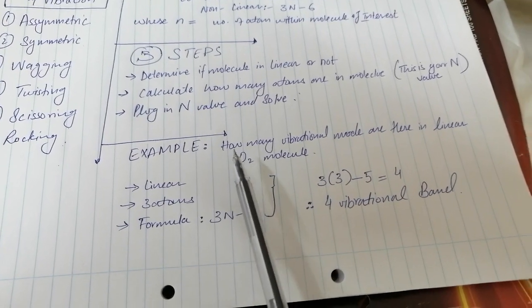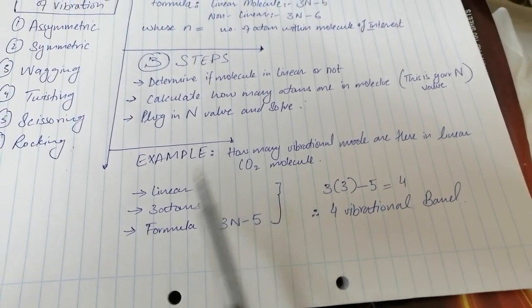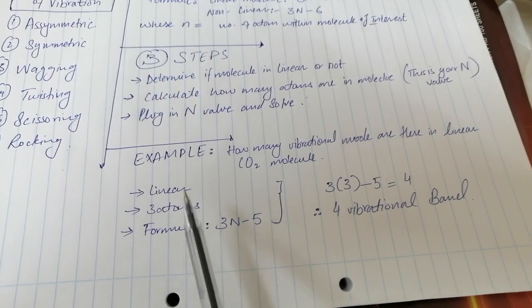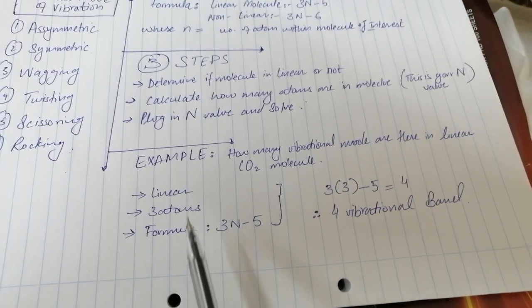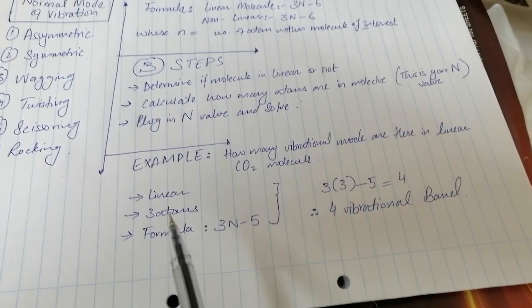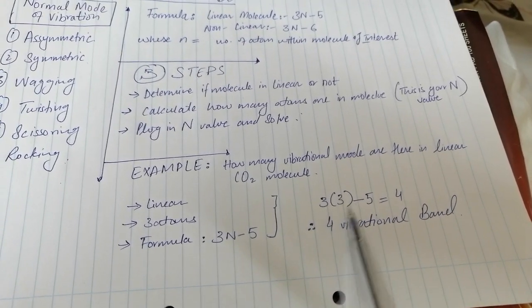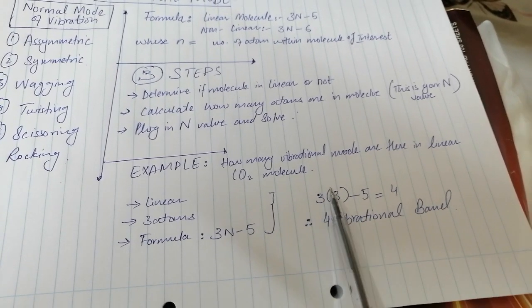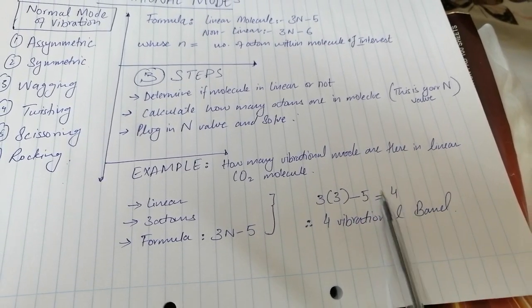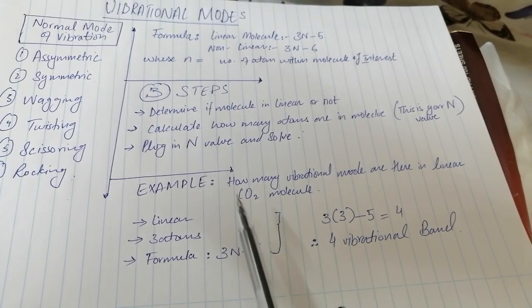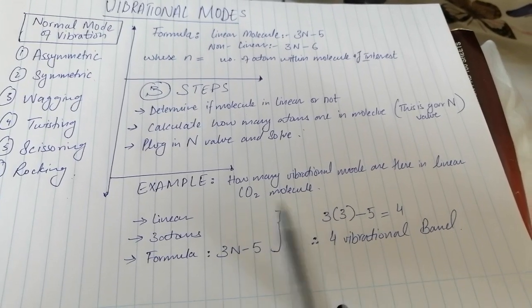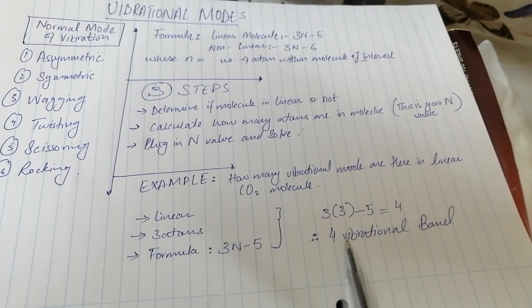So CO2, carbon 1, oxygen 2. There are 3 atoms, so we know this is linear, 3 atoms, and we know what formula to use for the linear molecule, which is 3n minus 5. Then we plug in the 3 value in this 3n minus 5, which will give you 4. So the vibrational bands for the carbon dioxide molecule is 4.